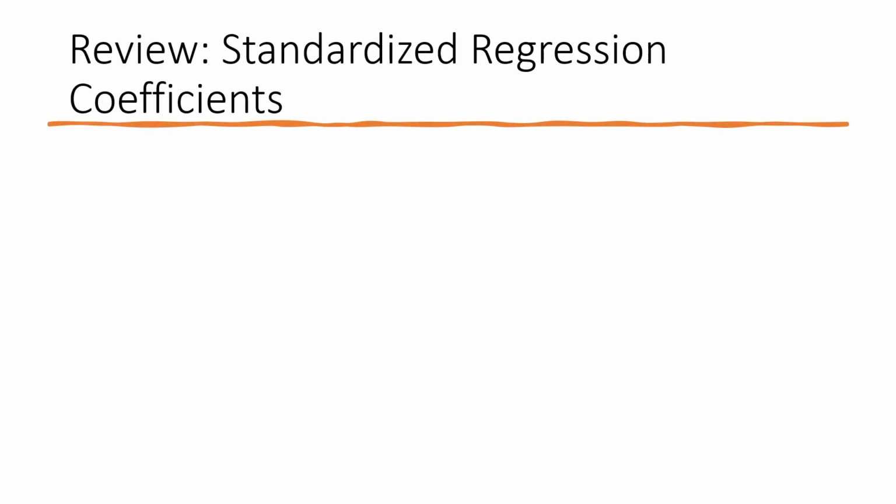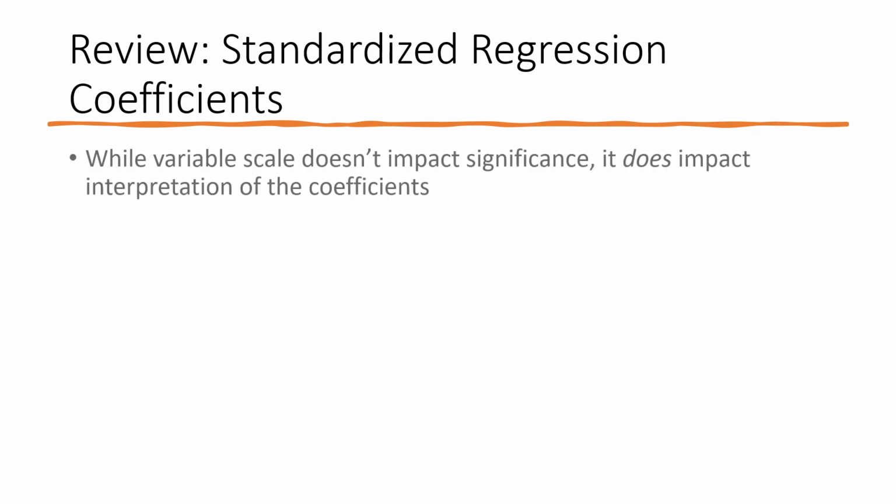This may or may not be reviewed depending on what you've talked about in previous classes, but within the regression context, we have standardized regression coefficients. It's important to realize that variable scale doesn't impact statistical significance, but it does impact interpretation.